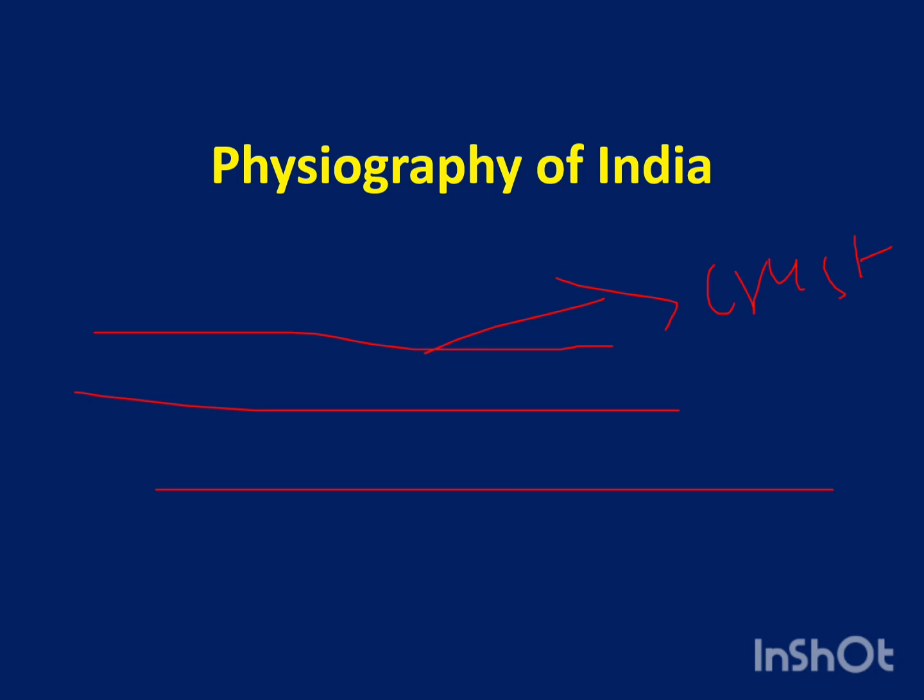For example, the formation of the Himalayas in the north of the country is attributed to the convergence of Gondwana land with the Eurasian plate.